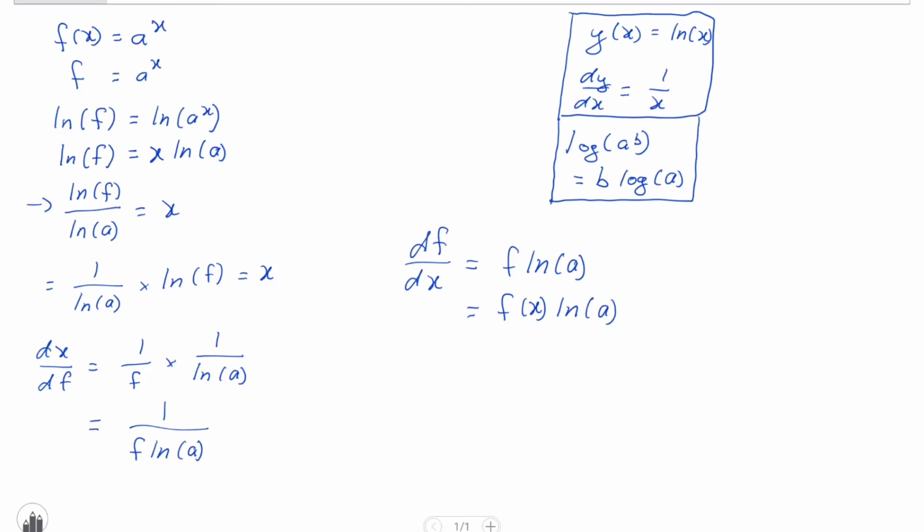The other thing that we know is, what was f of x? That was our original function, a to the power x, right? So this is a to the power x times the natural log of a, just like that. And we're done. This is the derivative of our original function, our f of x.